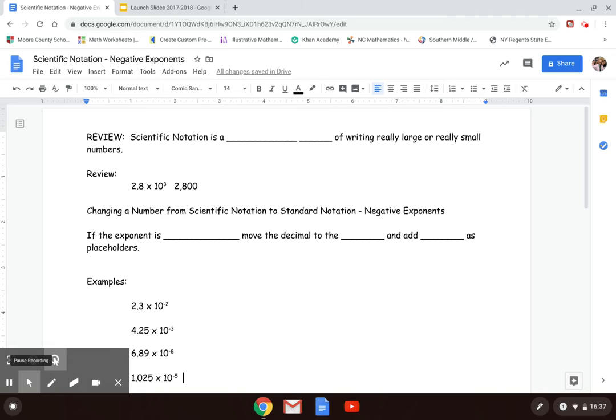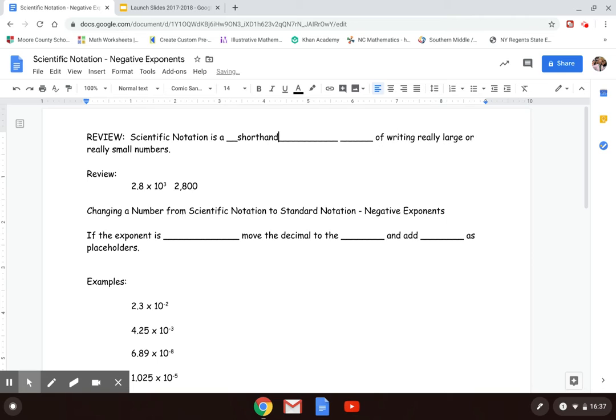Okay? What we're going to move into now is our lesson for this week, which is scientific notation, negative exponents. Last week we started scientific notation, and we realized that scientific notation is a shorthand way of writing really large or really small numbers.